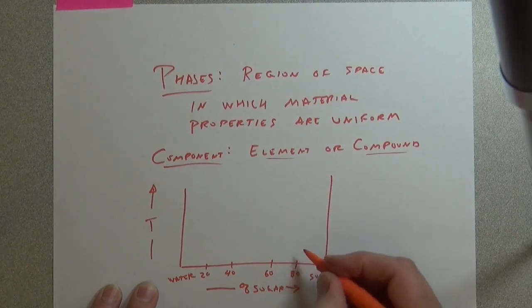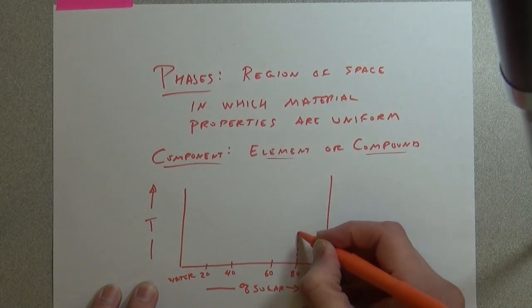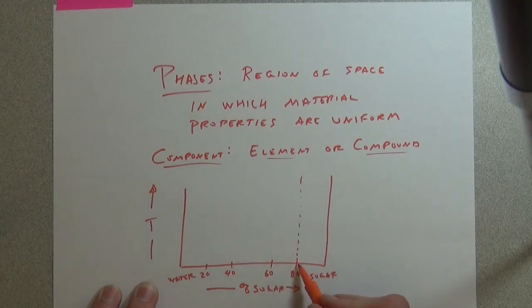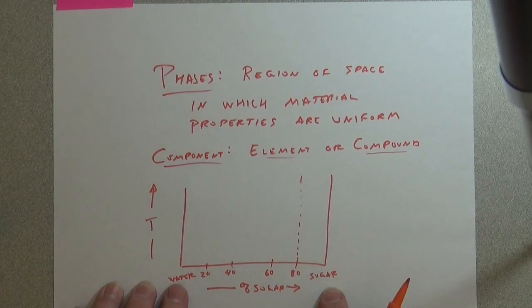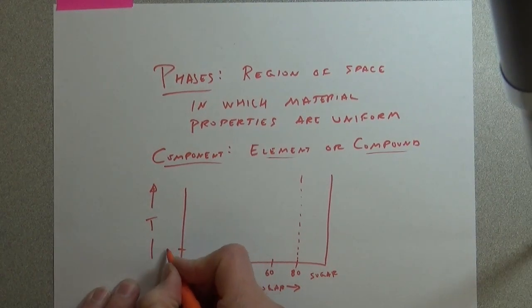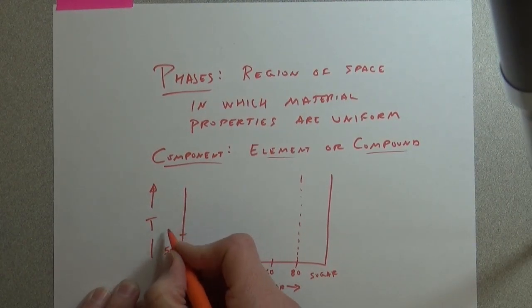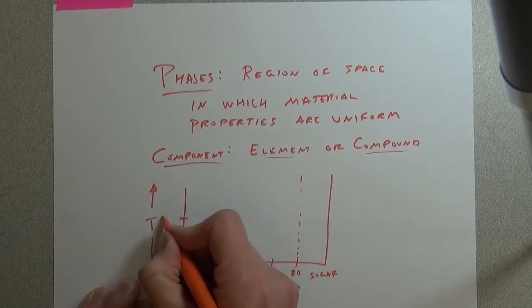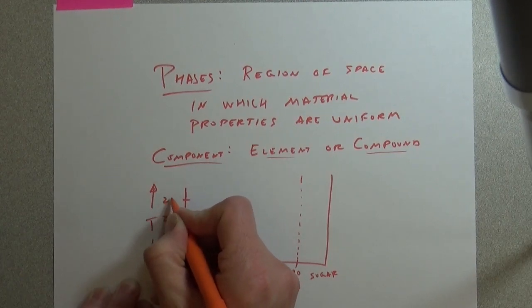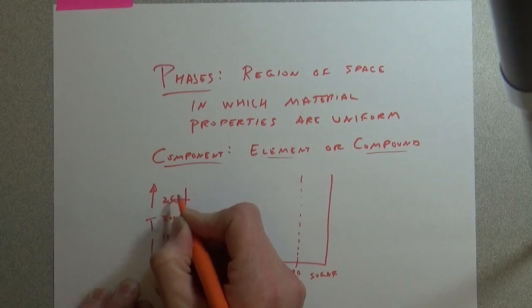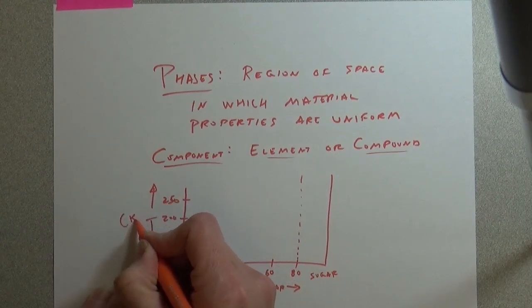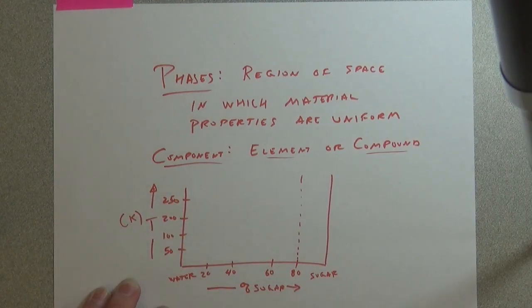So anything along this line would have 80% sugar and 20% water, because we're saying that in our system it is all water and all sugar. And then we have temperatures, say 50, 100, 200, 250, and those would be in units of Kelvin or what have you.